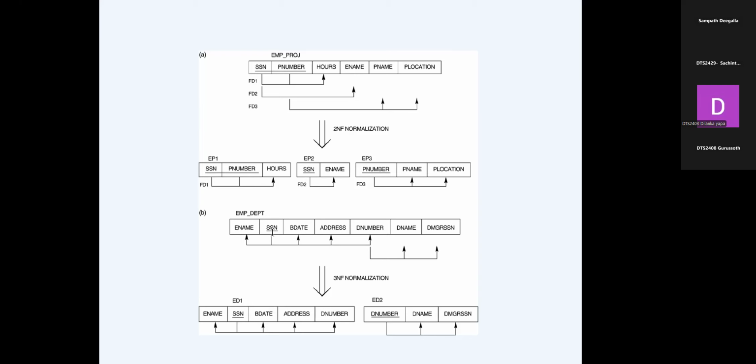If this is the primary key, we know that using the primary key, we can functionally determine all the others. But at the same time, you can notice that using the department number, we can determine department name and department manager social security number. I told you that using social security number, because it's the primary key, you can determine any other.